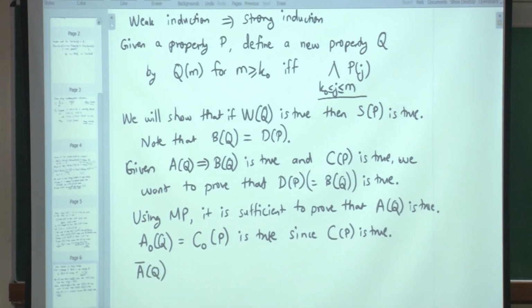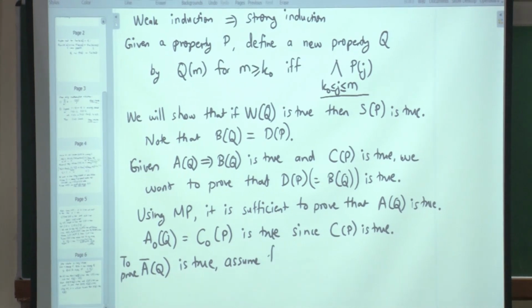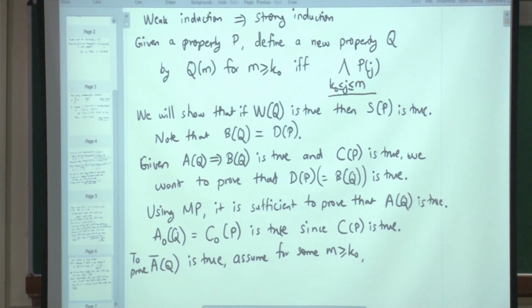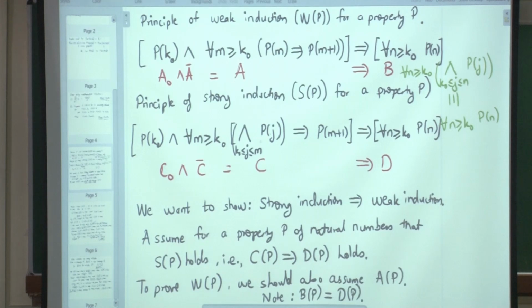Okay, so what is A bar of Q? To prove A bar of Q is true, assume for some m bigger equal k0 that Q of m is true. But what is Q of m? Look here. Q of m is this conjunction. That is precisely this part.